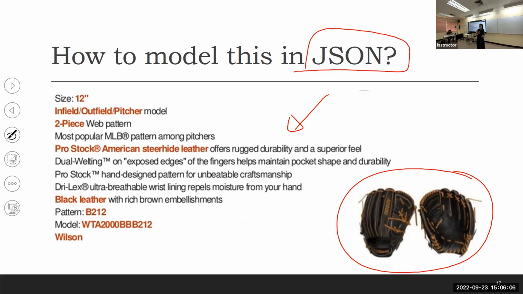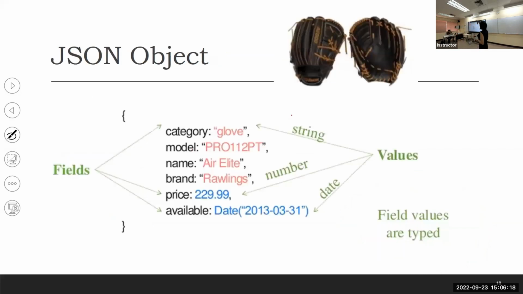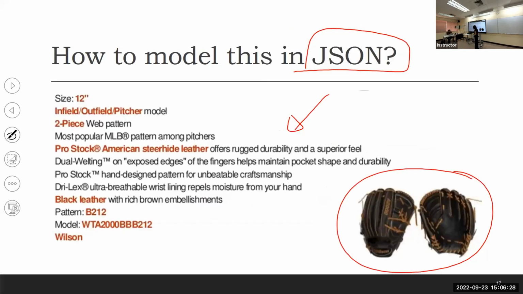The very first thing is similar to what you did in the RDB. You need to design how you would capture all this into a document. So, okay, let's do it. What is the category? Design the attributes, right? To describe your product based on what you have here.